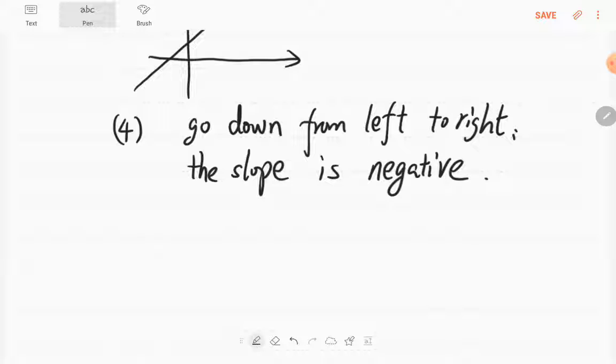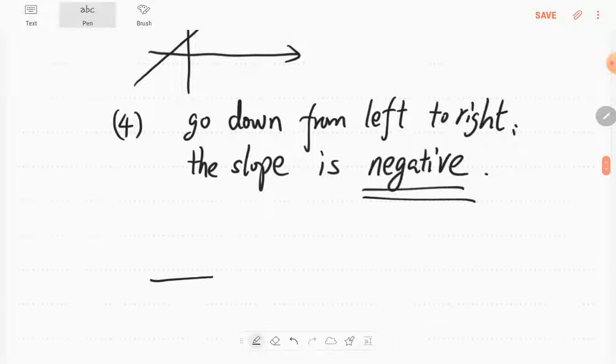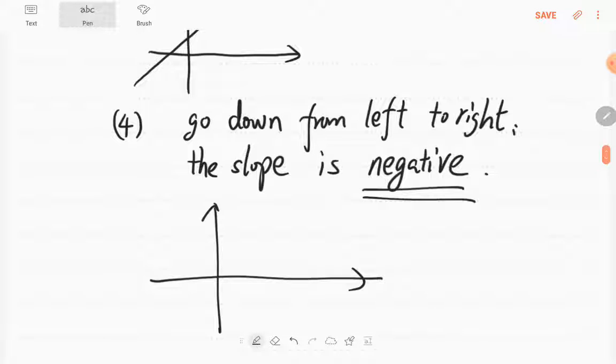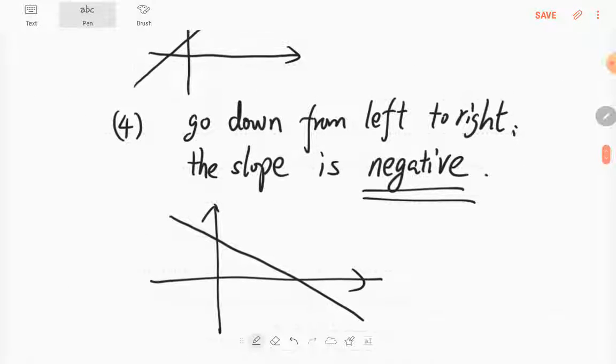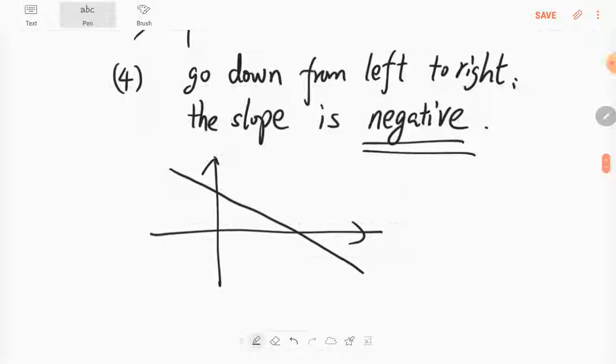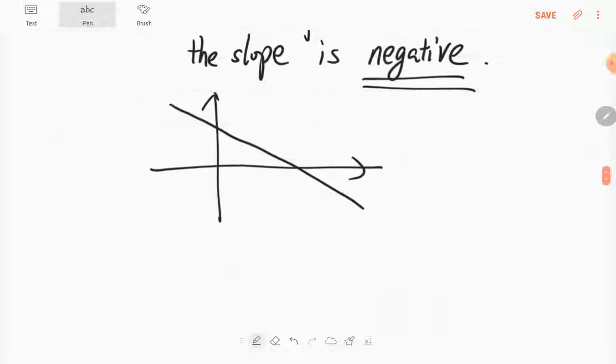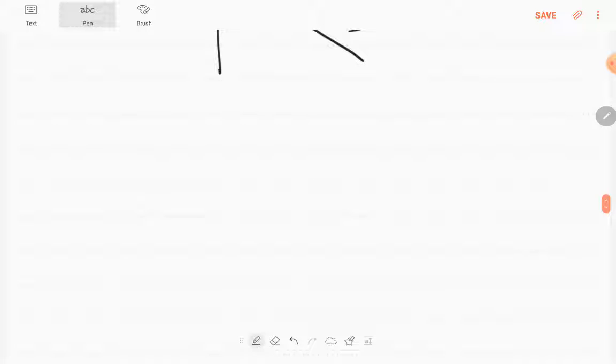This is the typical example: it goes down from left to right, so we have a negative slope. Negative slope, positive slope, and now where the slope equals 0.